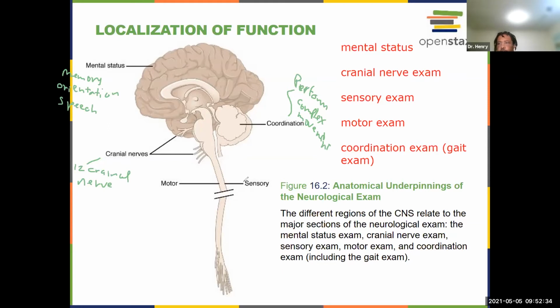And then sensory is going to be testing your sensory, and your motor is going to be determining your motor skills. Both your sensory and your motor skills are going to be associated with the response of your spinal nerves. And then, of course, the gait is going to be walking particularly.